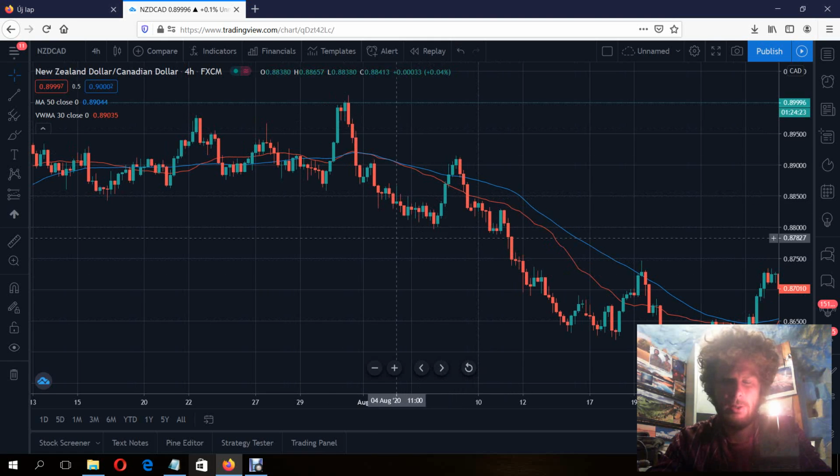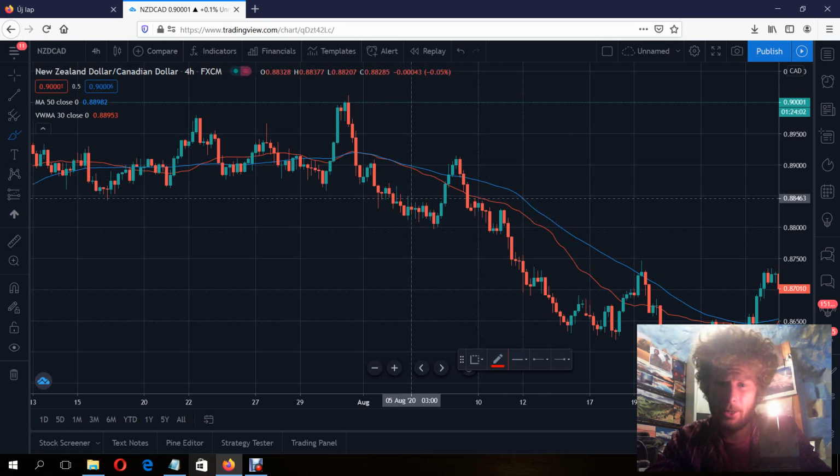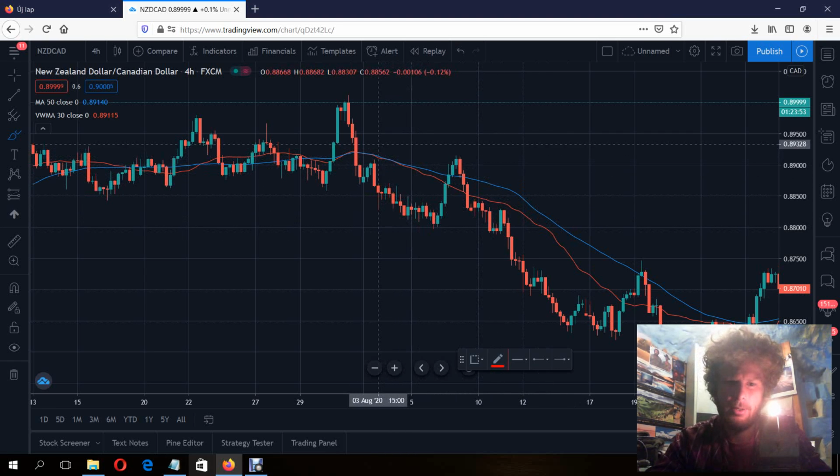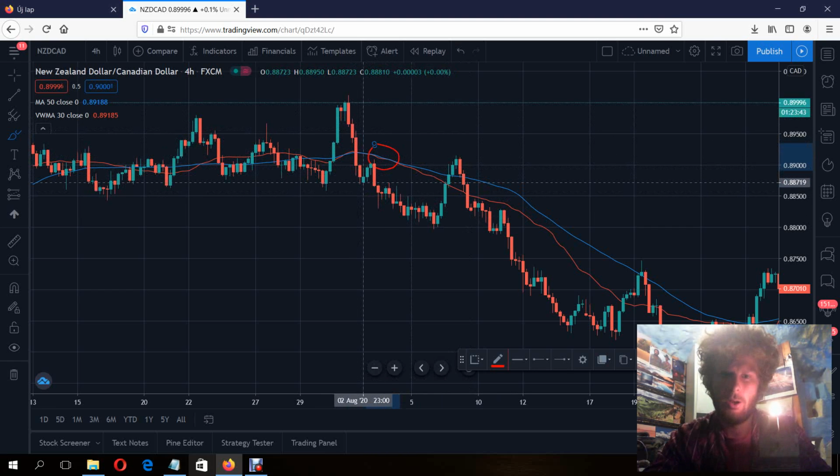As you see here, the volume weighted moving average, which is the red one, crossed below the simple moving average in the downward direction, so it will be a short trend, and we can enter somewhere, maybe here, because the price has just broken below the two moving averages.